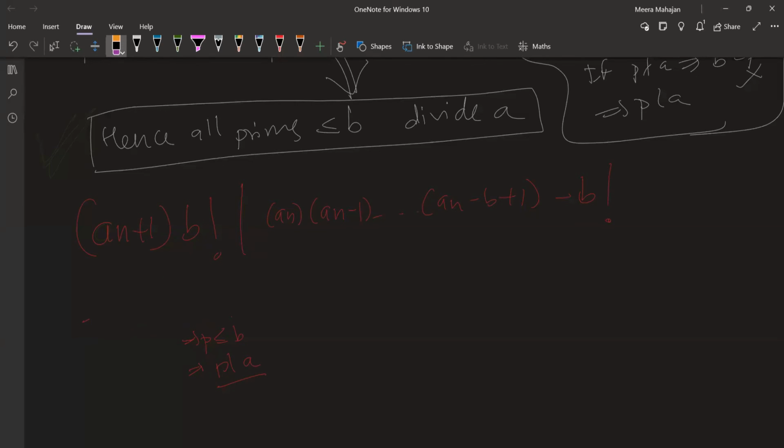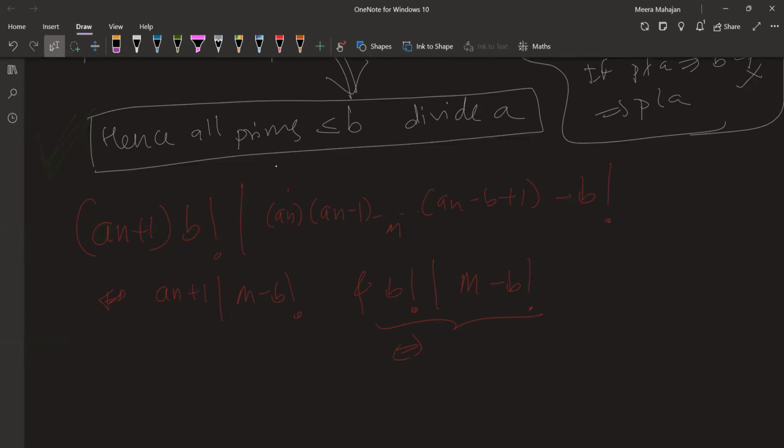So GCD is 1, and this now holds if and only if an plus 1 divides this term, and b factorial divides it. Because the GCD is 1, you can separate the things.